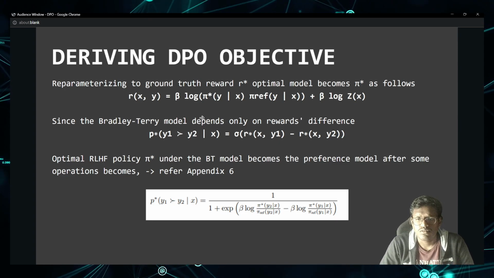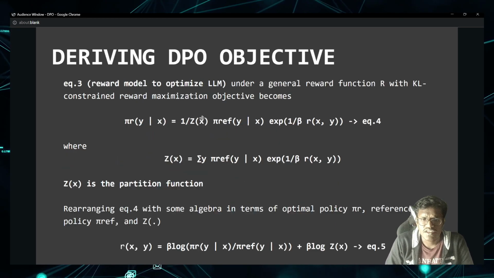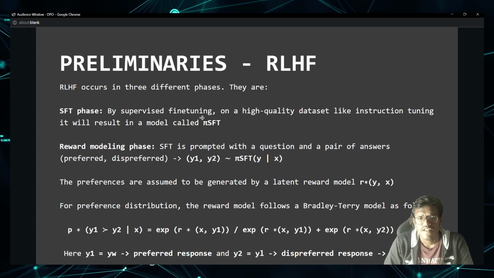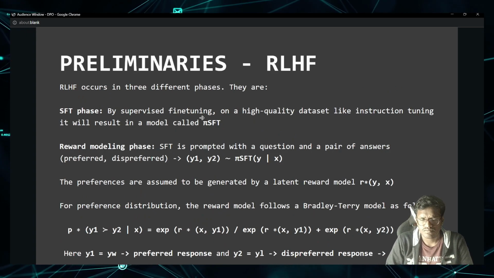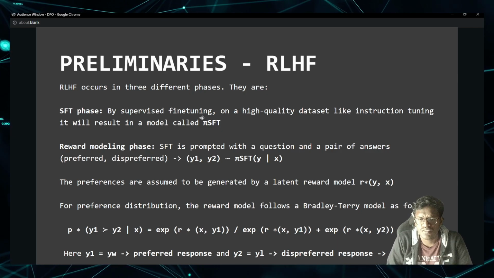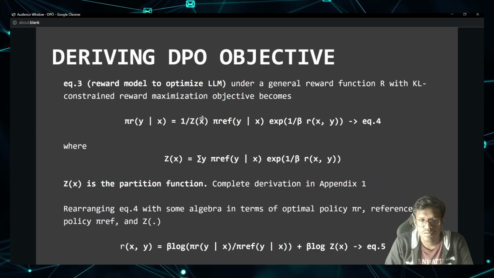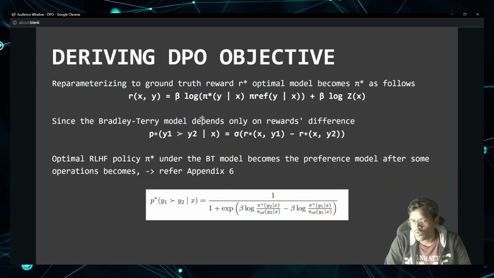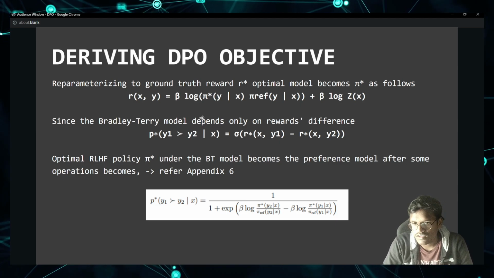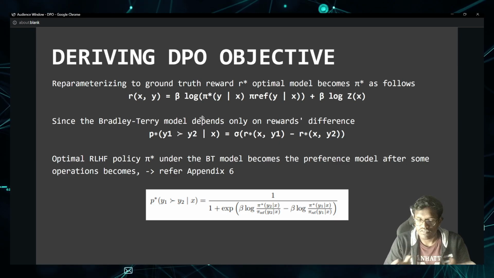We saw the Bradley-Terry model in the previous equation also. Equation number 1 is something which follows Bradley-Terry. Bradley-Terry depends only on the reward differences, so this model provides the preferences based only on the differences of rewards.